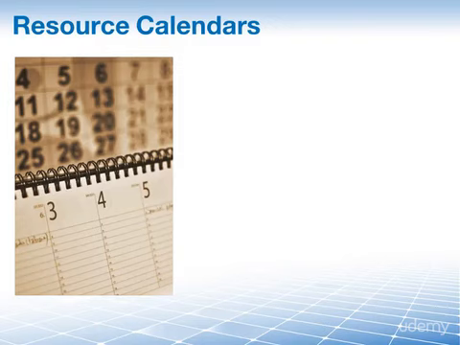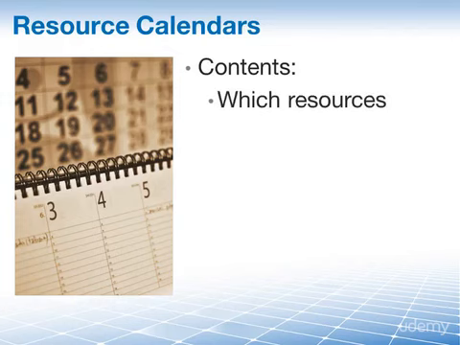The PMBOK guide defines a resource calendar as a calendar that identifies the working days and shifts on which each specific resource is available. This is the calendar of your individual resource. It contains the details of which resources are assigned to the project. What are their work days? What are their shifts?